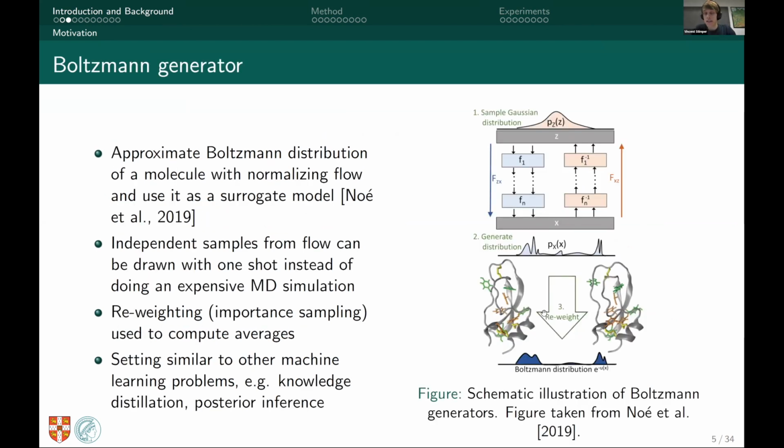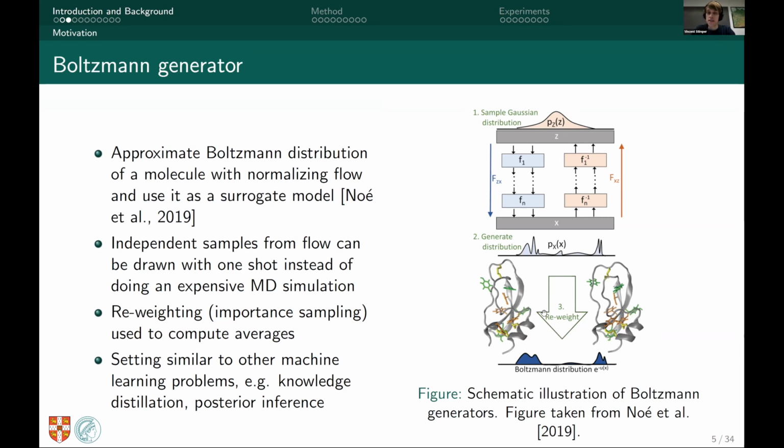In order to solve this problem, in 2019, the idea of Boltzmann generators was introduced by the group around Frank Noe at the University of Berlin. The idea there is to approximate the Boltzmann distribution with a machine learning model, a so-called normalizing flow.